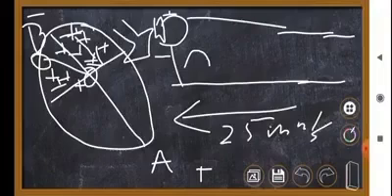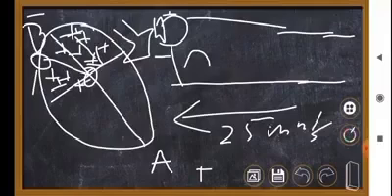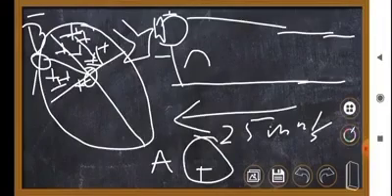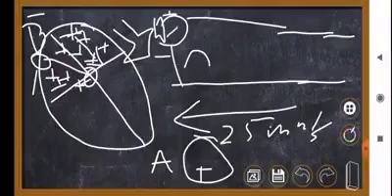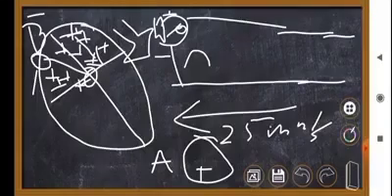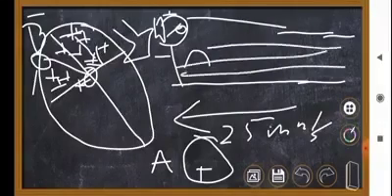And suppose the current travels from the sinoatrial node towards the AV node, the vector is towards the positive terminal, and when positive charge is traveling towards the positive terminal, this needle will deflect towards the positive side.